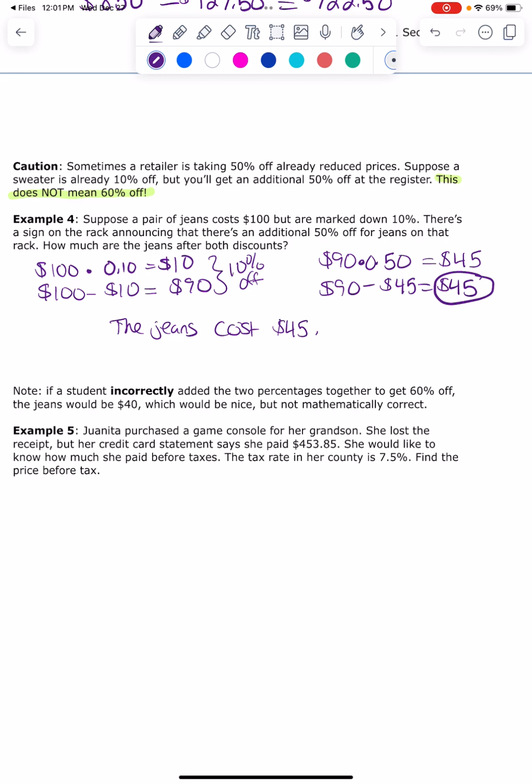And if you incorrectly added the percentages together, then you would find that they're only $40, which would be nice, but not quite correct. So just beware that you can't add percentages together. You do one, then the other. The order doesn't matter, just that you only do one at a time.